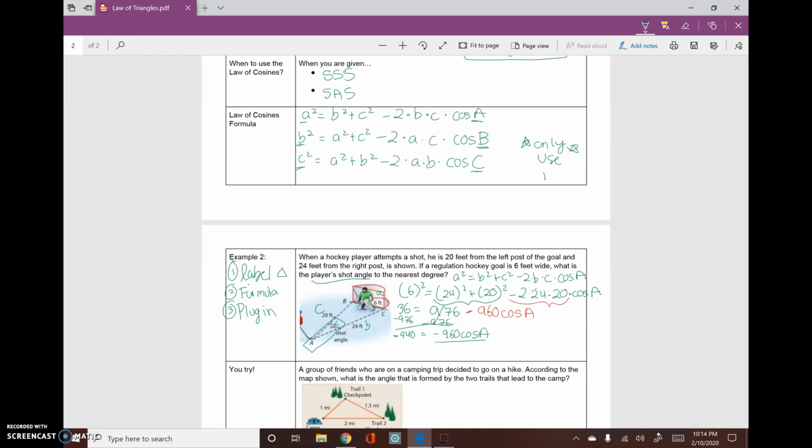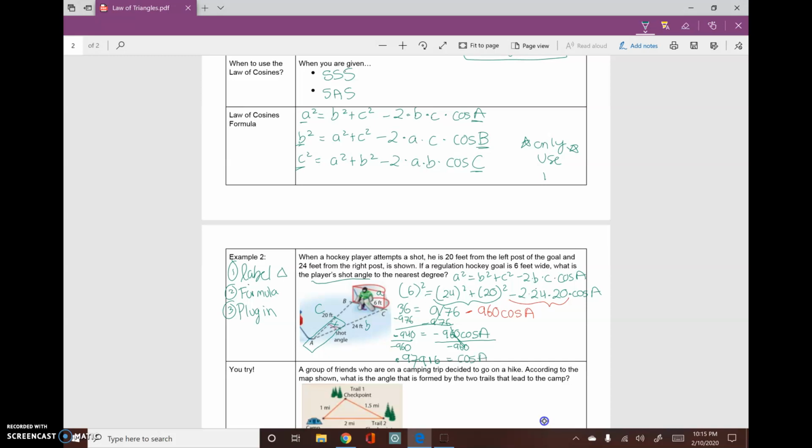We're trying to get cosine, well in the end we're trying to get A, but let's try to get cosine alone right now. So I divide by negative 960. Negative negative gives you positive. 940 divided by 960 is about 0.97916. That's enough numbers.